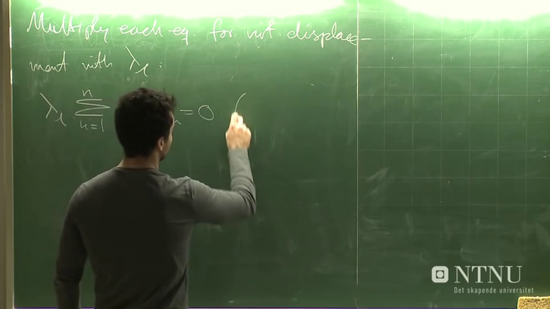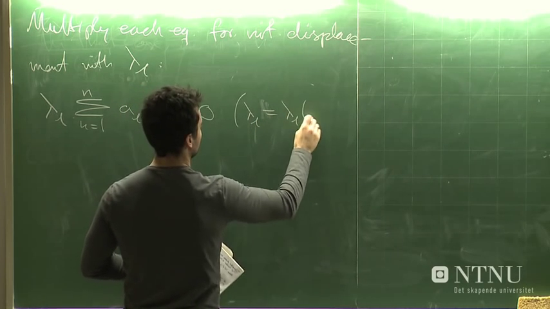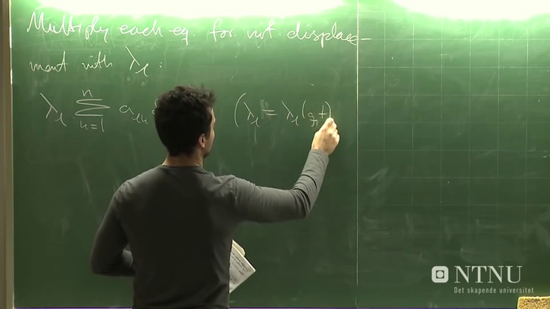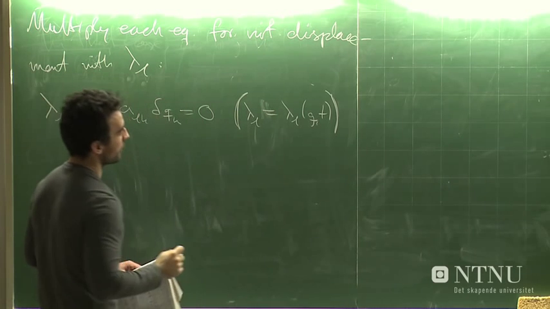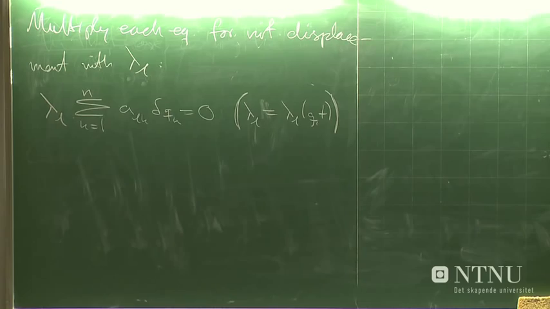And again, this unknown coefficient may be a function of the generalized coordinates and time.